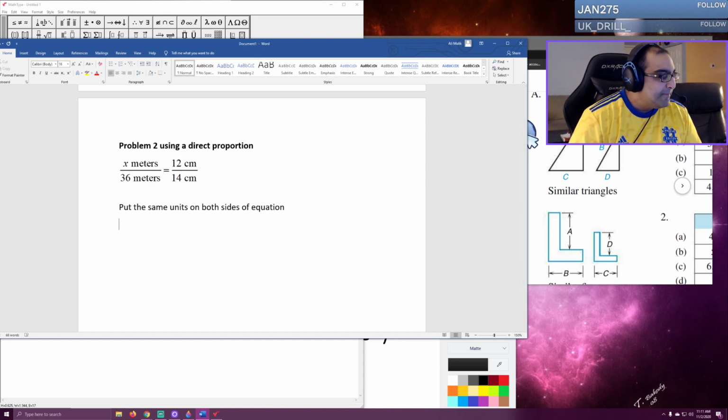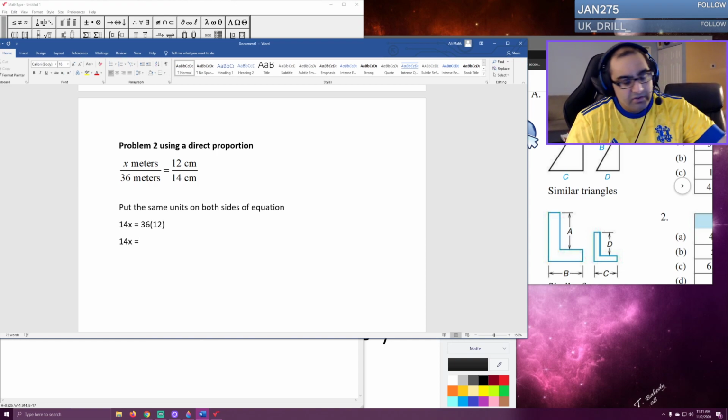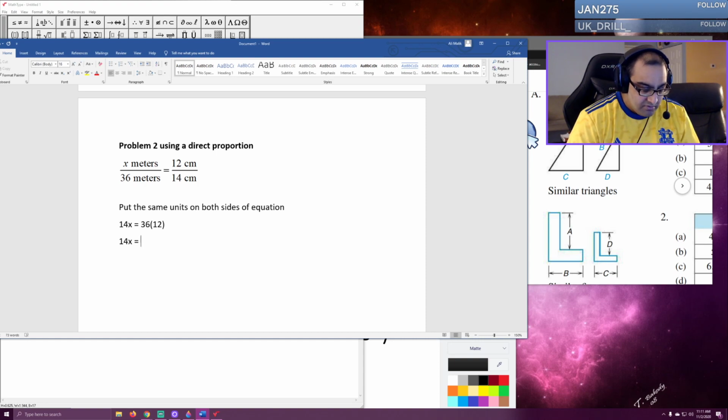All right, so here I got 14x at cross multiply equals 36 times 12. So we get 14x equal to 36 times 12, which is 432. And we're just going to divide by 14 on both sides.